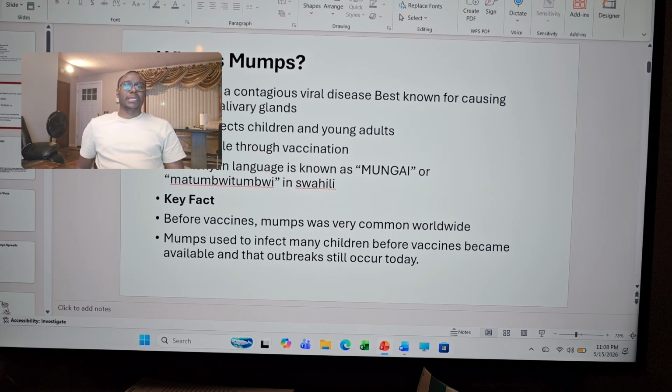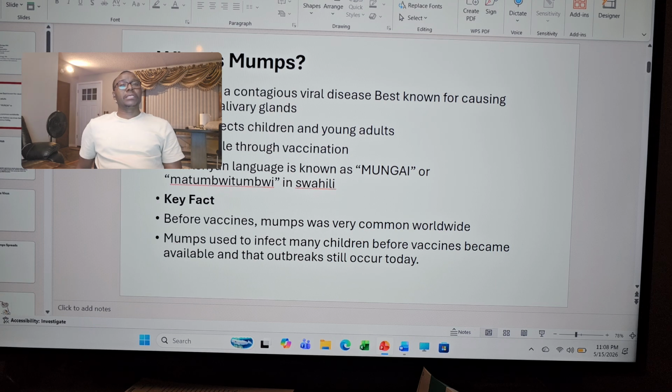Preventable through vaccination, and my origin being Kenyan, this disease also affected people in Africa, and we used to call it mungai or matumbwitumbwi in Swahili. What are the key facts about this disease or this virus?